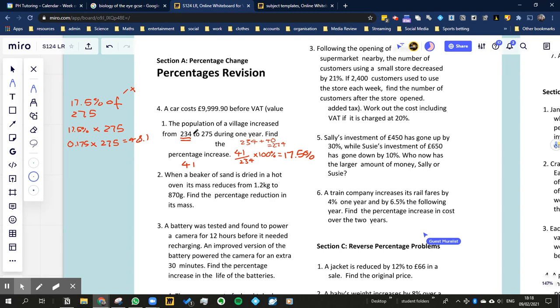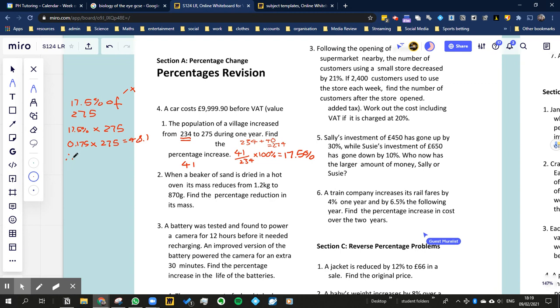So if I had a 17.5% decrease of 275, I'm going to subtract 48.1. And of course, that's going to give me a lower number than 234. So if I do 275 minus 48.1, that gives me 226.9. So a decrease, in other words, so these little dots mean therefore.